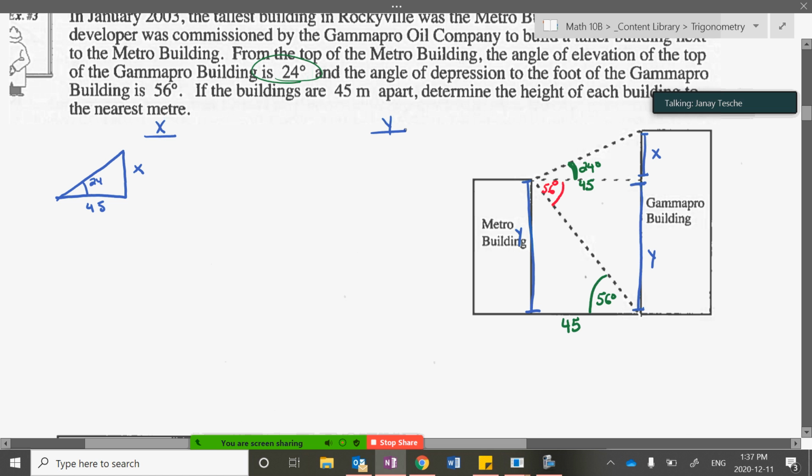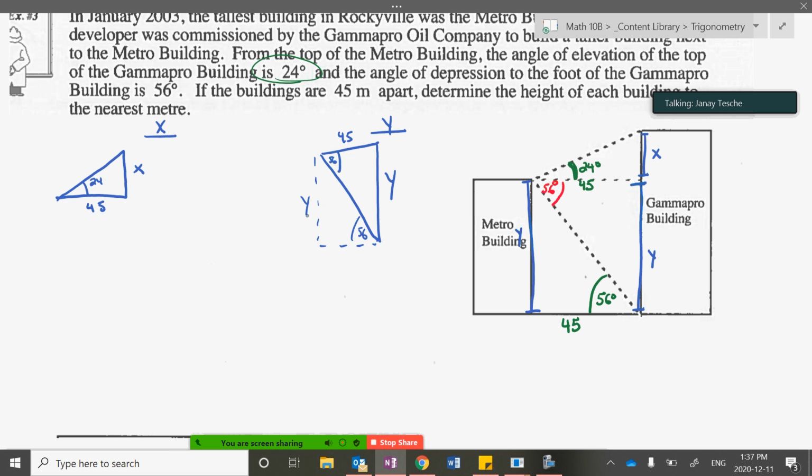And then to solve for y, we can use this triangle where this is 56, 45, and y. Could you have used the mirror image of this one where it's this side of it? Totally. Y is still y. That height is still going to be the same height. It's just two different perspectives to do it.